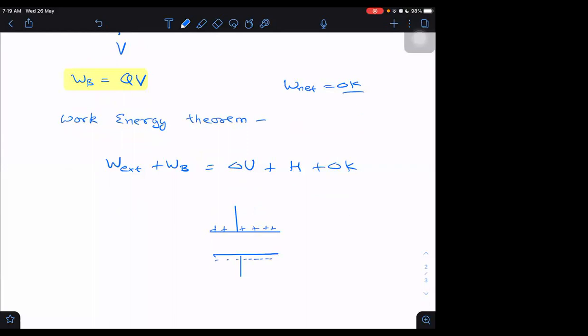If I take a dielectric and bring it near it, what do you think will happen to the dielectric? It will go inside. Why will it go inside? Due to induced charges. Actually, this is like an uncharged body, and this is a charged body. We know a charged body can attract an uncharged body by inducing some charges.